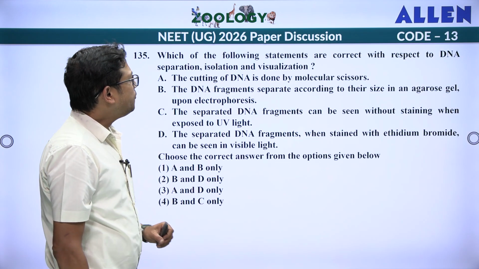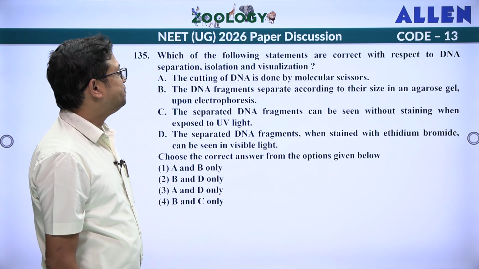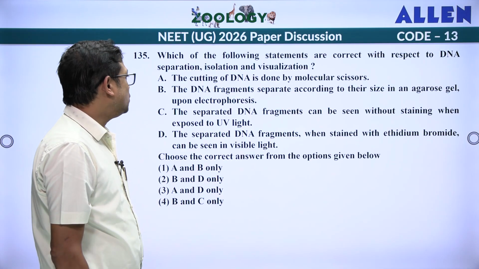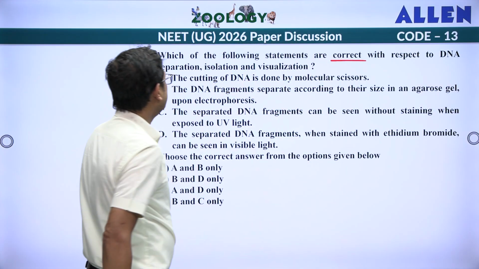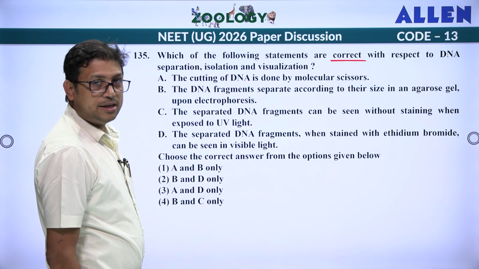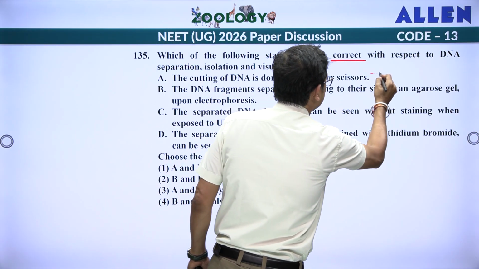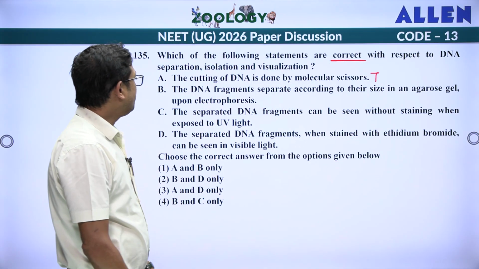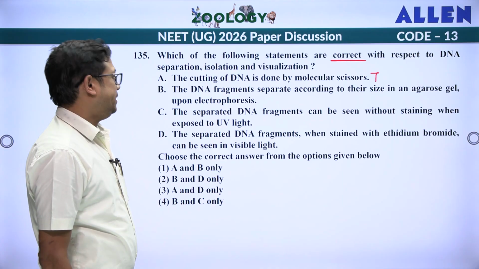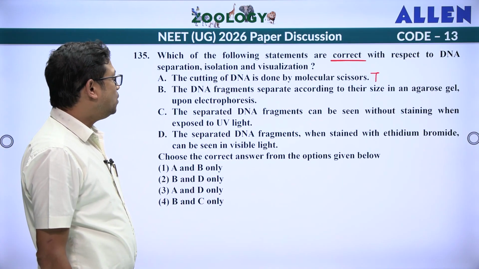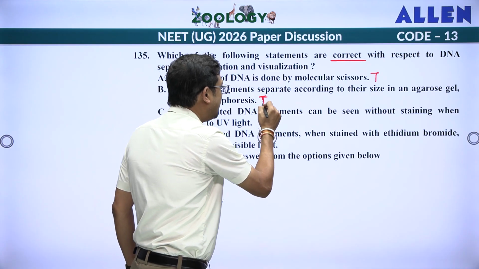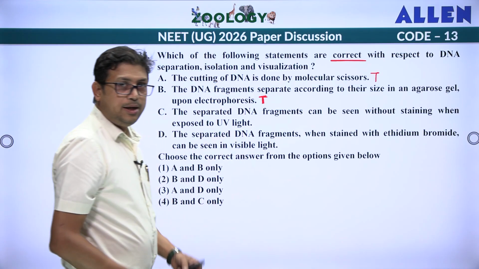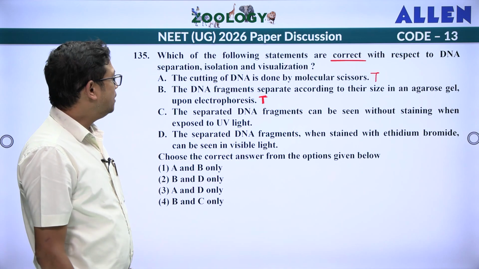Next, which of the following statements are correct with respect to DNA separation, isolation and visualization? The cutting of DNA is done by molecular scissors. Yes, true. Restriction endonuclease we are using. The DNA fragments separate according to their size in an agarose gel upon electrophoresis. That is also true. Based on their charge and size, they will be resolved on the gel, right?